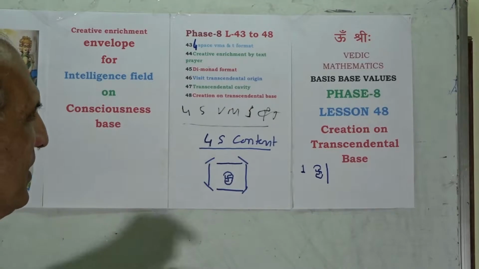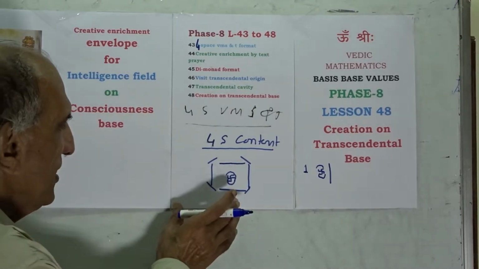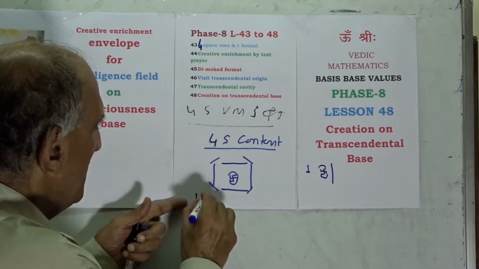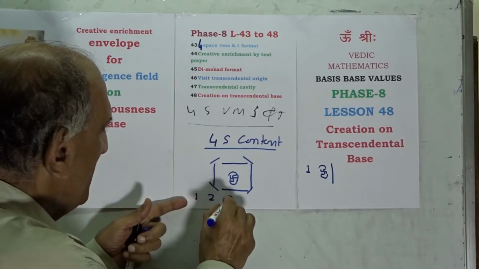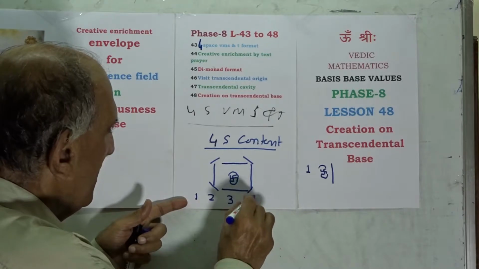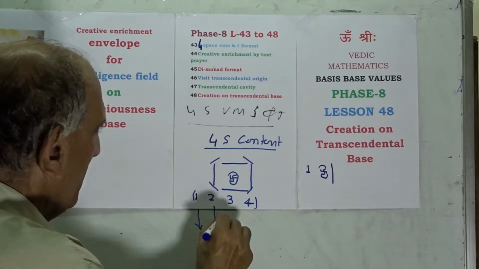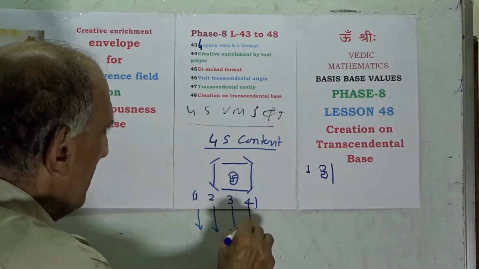So 4-space VMST is essentially a format of 4-fold layers. So 4-fold manifestation layers means dimension fold, boundary fold, domain fold, and origin fold.